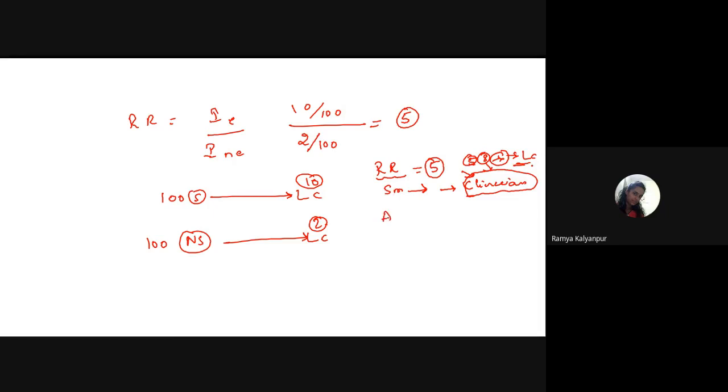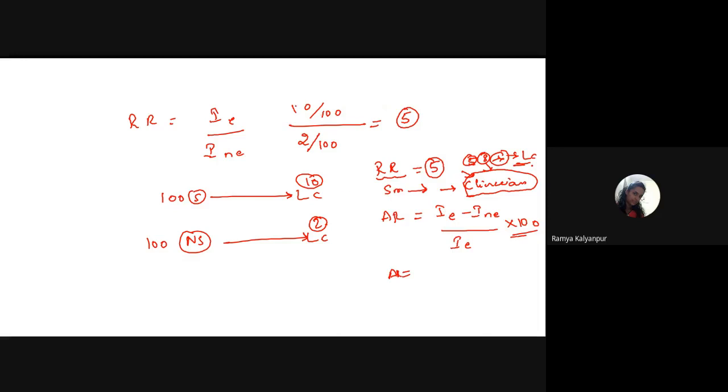Then what is attributable risk? Attributable risk is given by the formula: incidence among the exposed minus incidence among the non-exposed, divided by incidence among the exposed, multiplied by 100. How shall we calculate this with the same example?